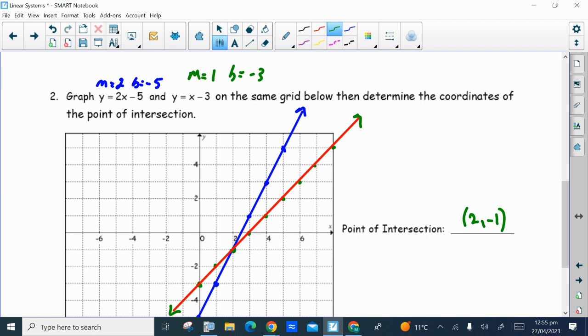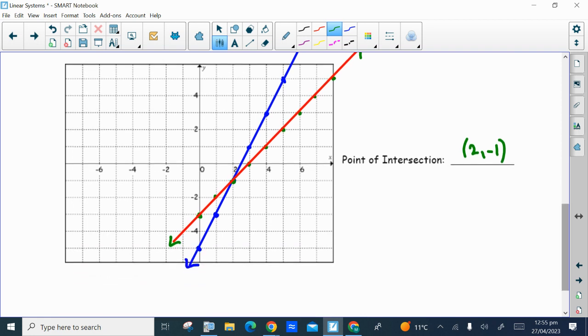For these first two examples, the point of intersection, each x and y value, were integers. So from the graph, as long as you draw it carefully, you'll get what those points of intersection are. We will see some examples where the points of intersection involve fractions or decimals. And that's where we're going to start looking at the algebraic way of solving these, using algebra. But for now, we're doing it graphically. And so our answers, I think, will all be integers.